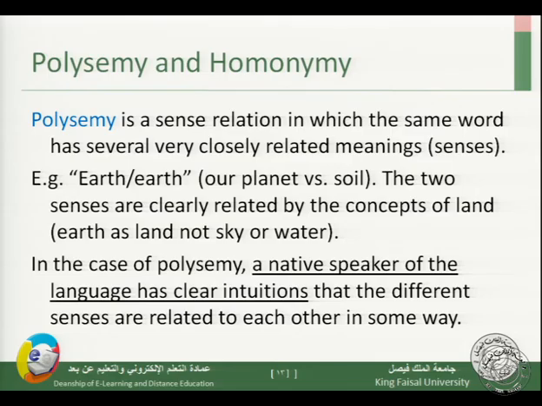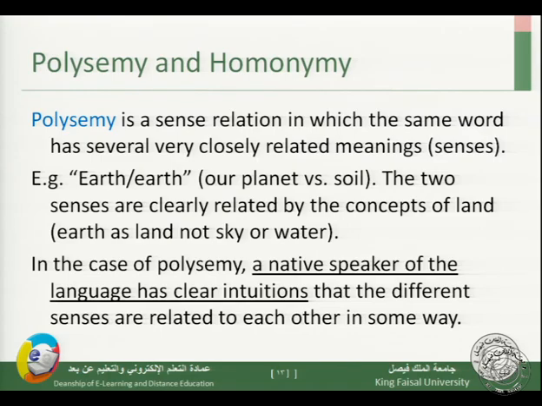So one word, the same word, has several very closely related meanings, and the word "very closely related" is important here. They must be really closely related, and we must be able to tell based on our intuition. If you're a native or native-like speaker, you will be able to tell, more importantly, that these have closely related meanings.